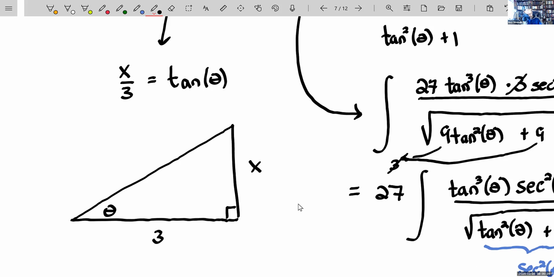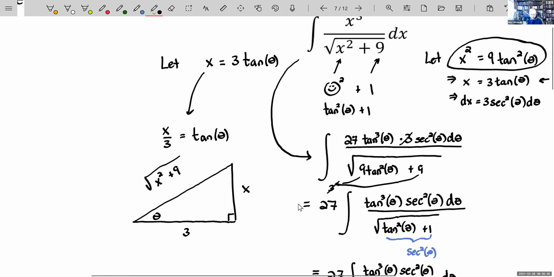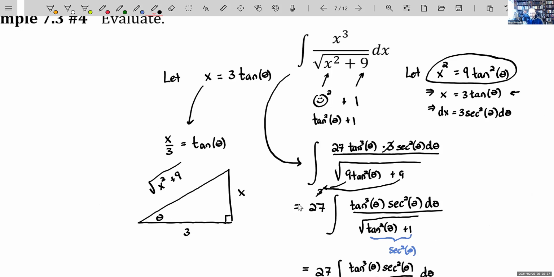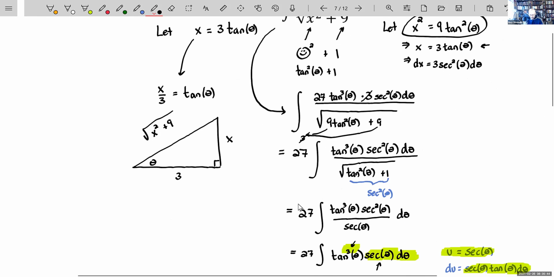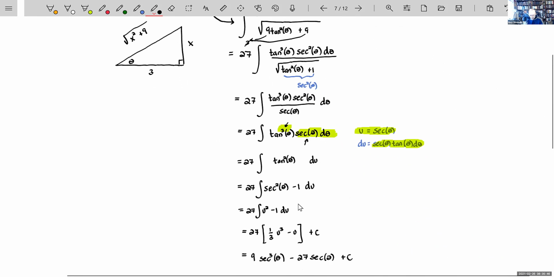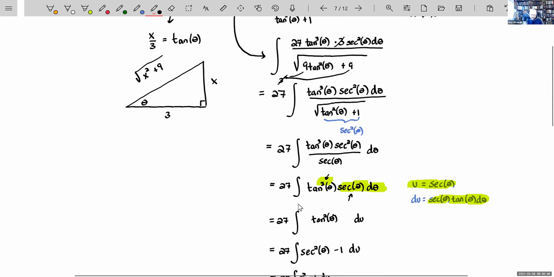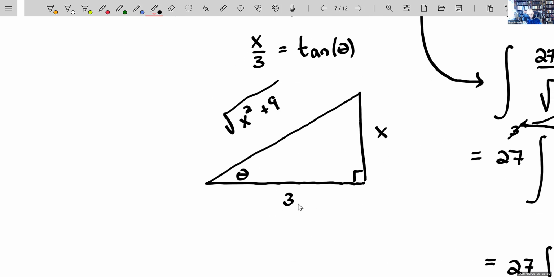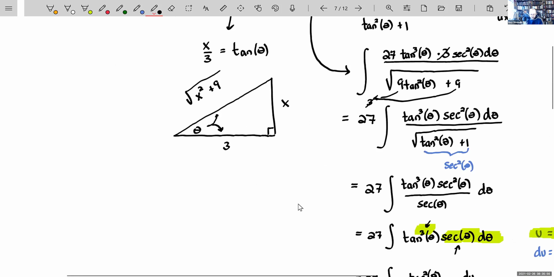Opposite over adjacent. And the hypotenuse would be the square root of x squared plus 9. Which, by the way, you'll notice very often that radical component is almost always in our answer. And we want to know, what is the secant of theta? Well, secant of theta is hypotenuse over adjacent, root x squared plus 9 over 3.